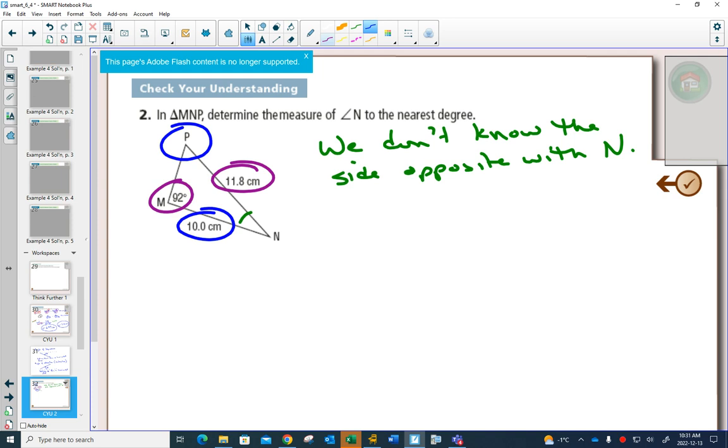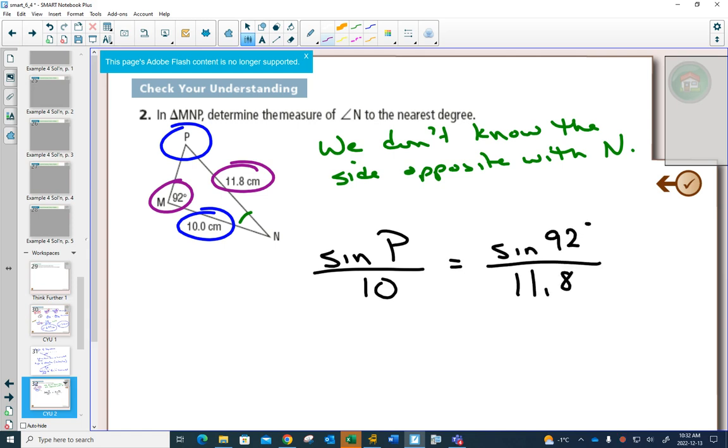So with that in mind, we go to our sine formula, and I always put whatever I'm solving for on top of my fraction. I can solve for p, so I'll put that on top. Underneath here, the side that goes with p would be 10. Equals, then I'll go to the purple ones, and I'd write sine of 92 degrees over 11.8.